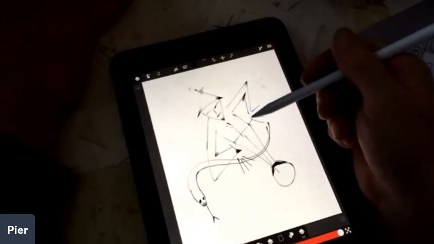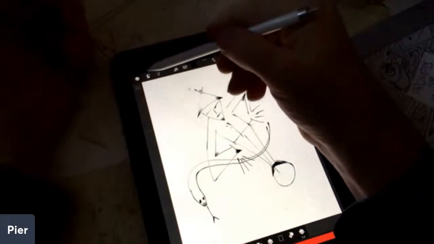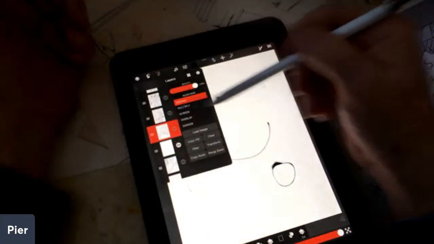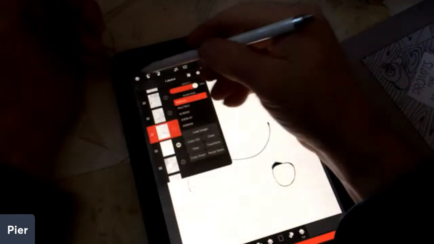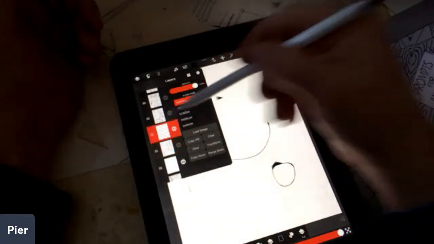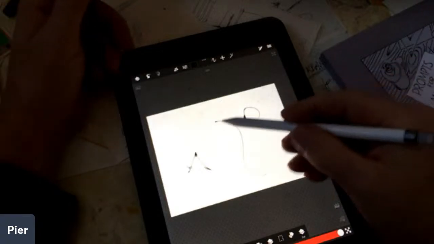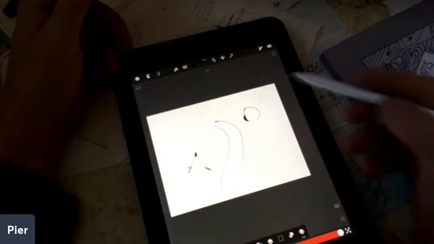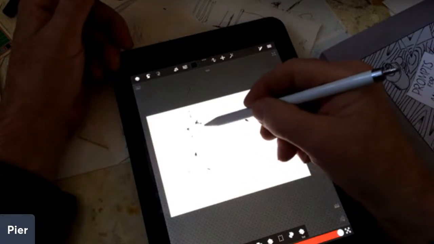So that's a result of this random thing. We can also pick a different result. Here's a river. Here's a big city in the background.